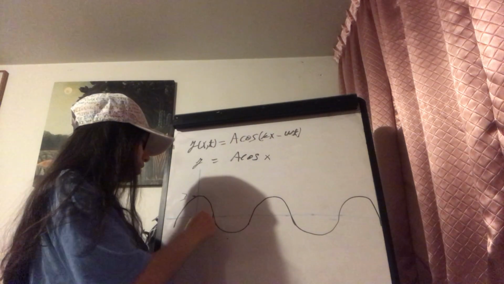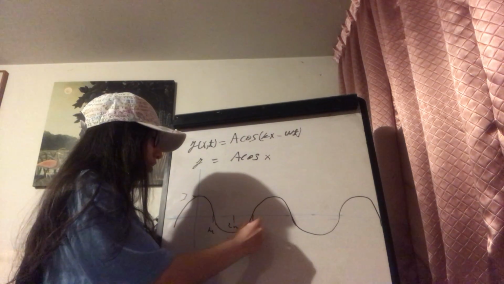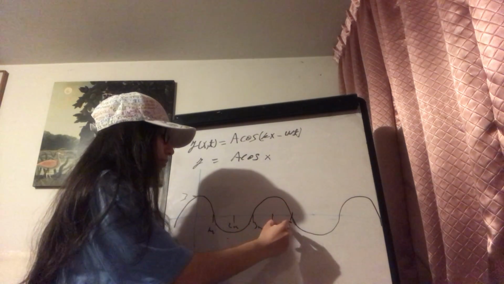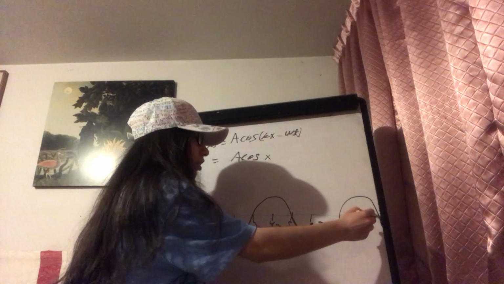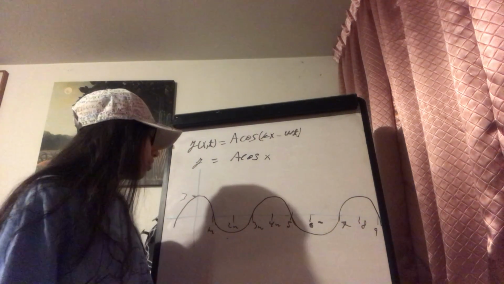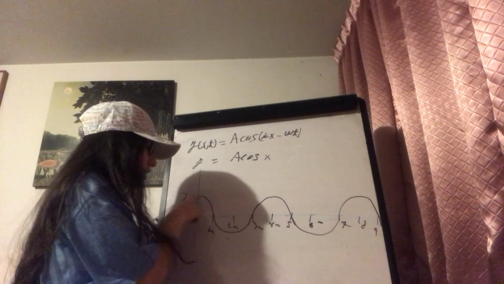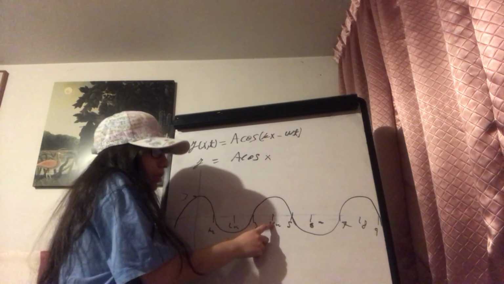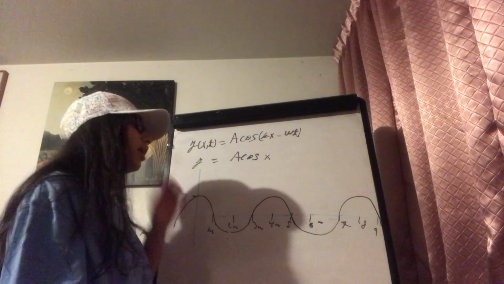Let me say that this is 1 meter, 2 meters, 3 meters, 4 meters, 5 meters, 6 meters, 7, 8, 9, etc. So look that this at t equals 0 is the same as t equals 4. At t equals 2 is the same as t equals 6, etc.